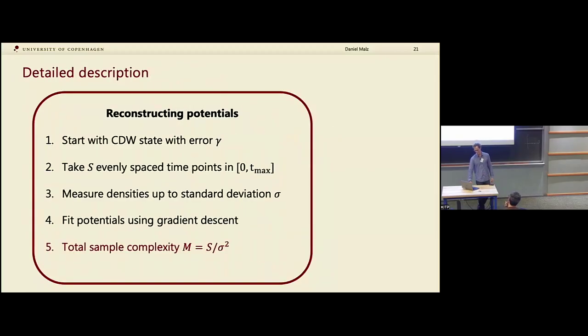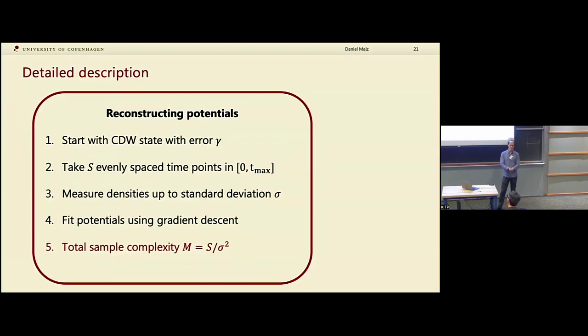So the algorithm for reconstructing potentials is the following. You start with a charge density wave state with some error gamma, where each entry in the covariance matrix has an error gamma. We take, again, S evenly spaced points in time between 0 and some maximum time T max. We then measure the densities at each of these points in time up to a standard deviation sigma.